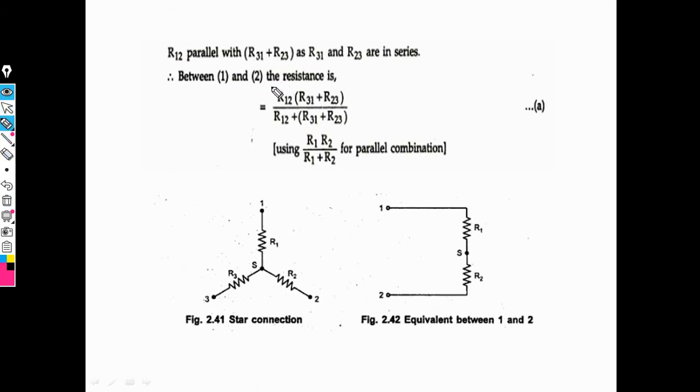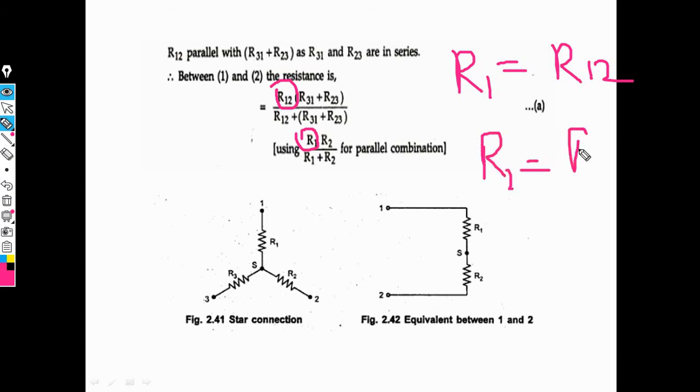Now here R12 is the value. This is the value of R1, that is R1 is equal to R12 and R2 is equal to R31 plus R23.